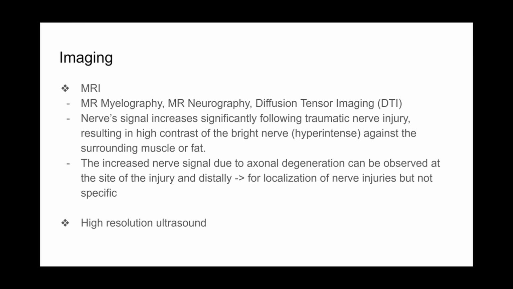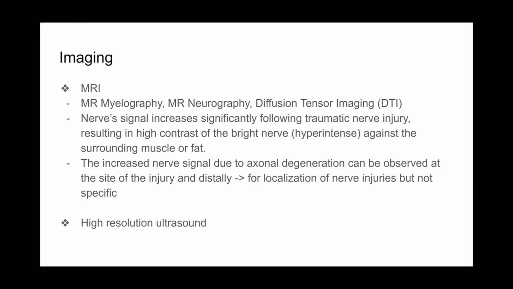This helps us localize the site of the nerve injury, but it can also be non-specific. Some other imaging that we can use to examine the nerve injury is high resolution ultrasound.